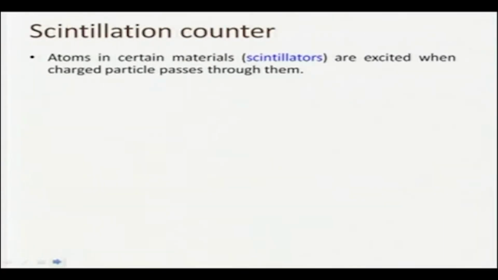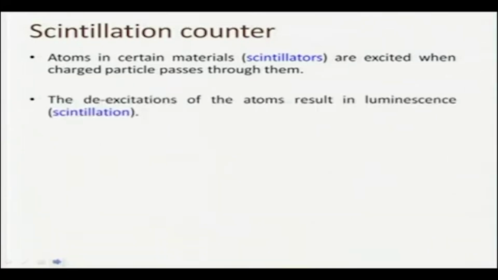Another thing, just now when we mentioned a scintillation counter, that is another type of detector. When charged particles pass through certain materials, atoms of these materials are excited. These materials are called scintillators, and when these excited atoms de-excite, there will be luminescence.